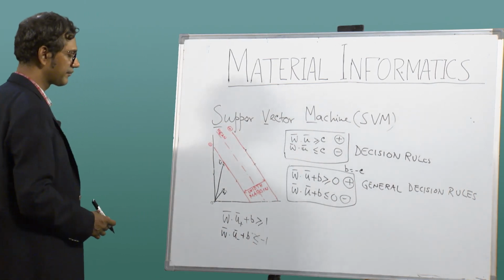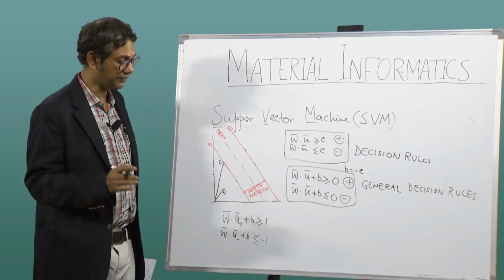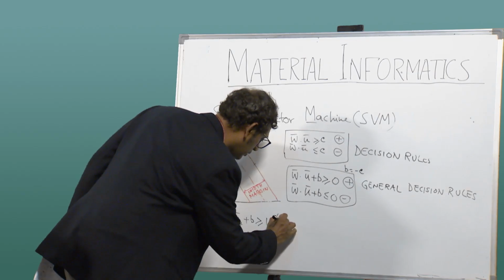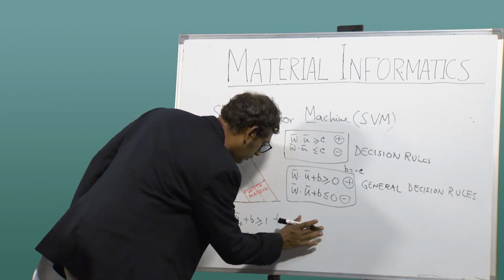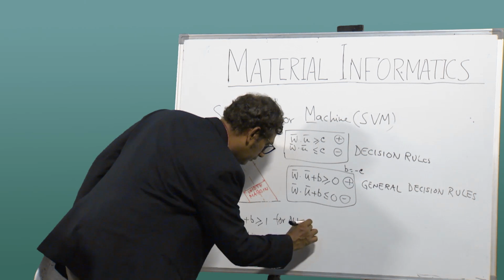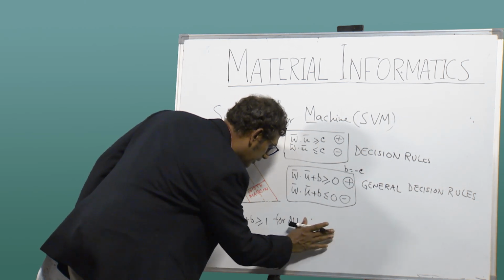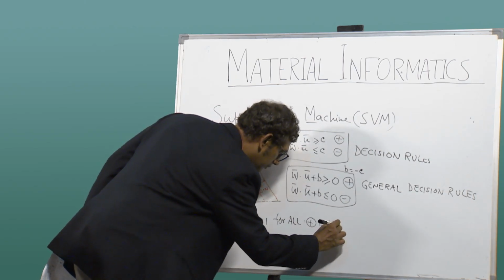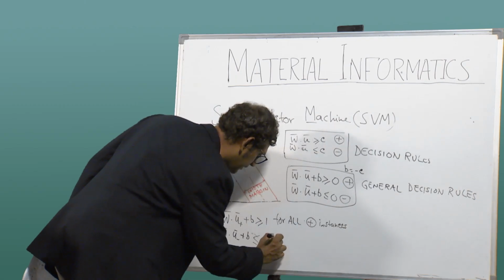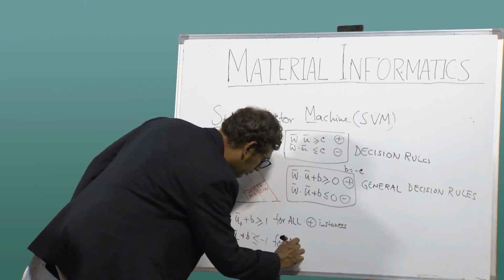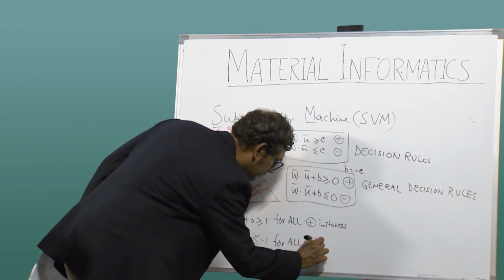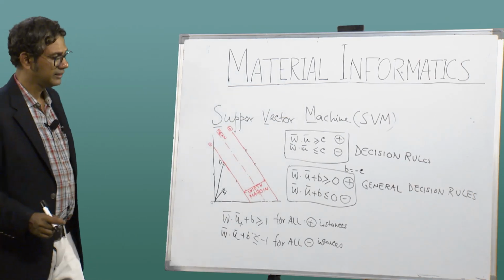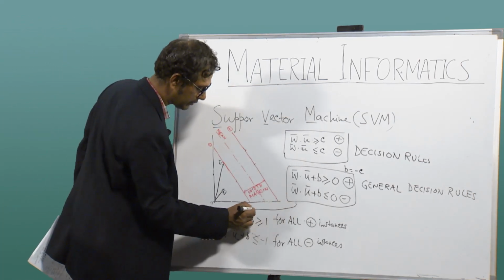Just to classify, this is for all positive instances, and this is for all negative instances. This actually comes from this only.